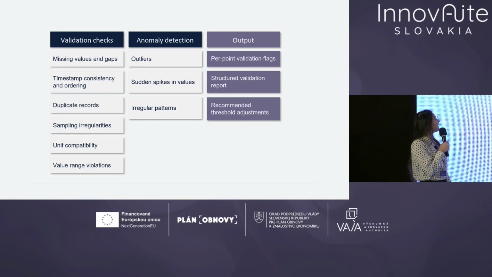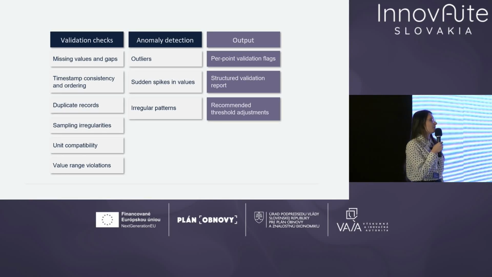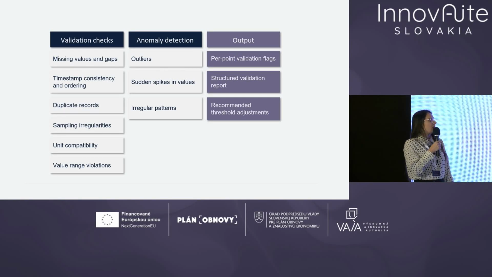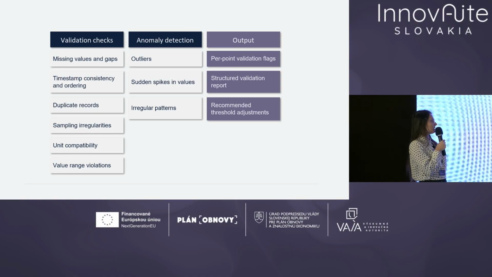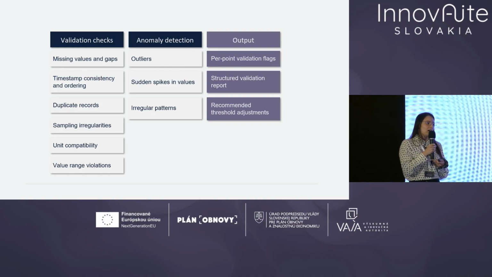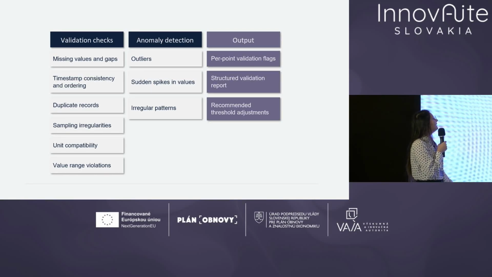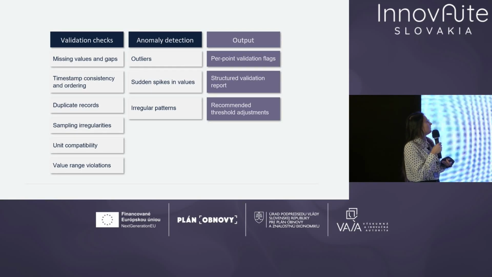Some of the data can be slightly problematic, and these problems form a barrier, and we need to address them. In these 2 columns, you see what kind of validation checks we do, because the model cannot contain all the types of inputs. The data needs to make sense. It has to be meaningful.